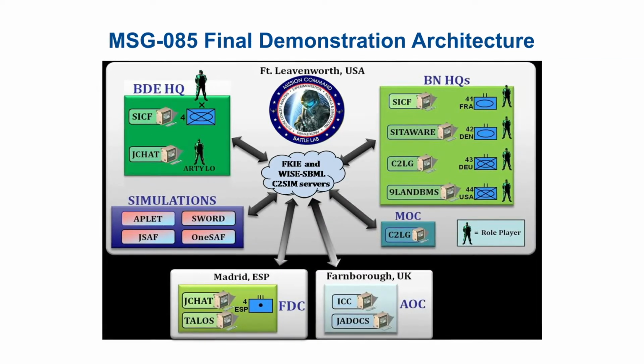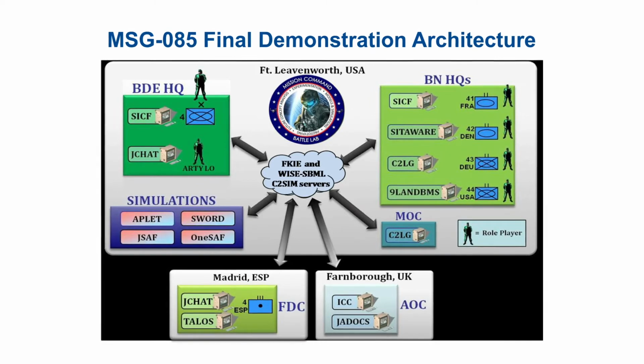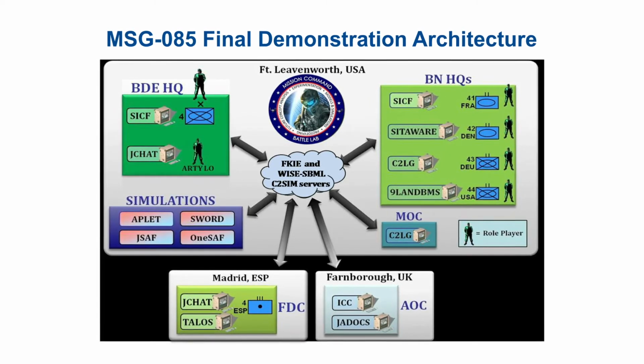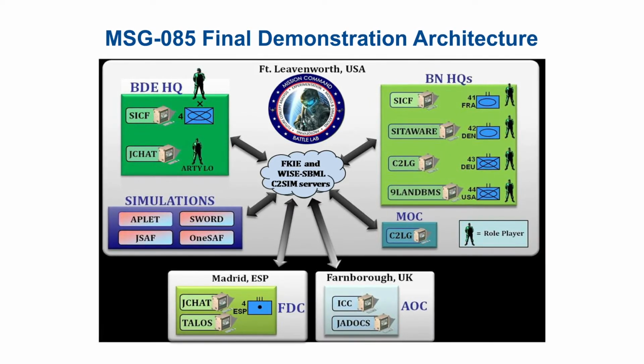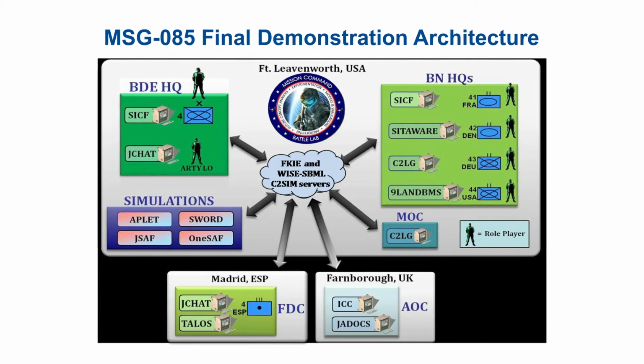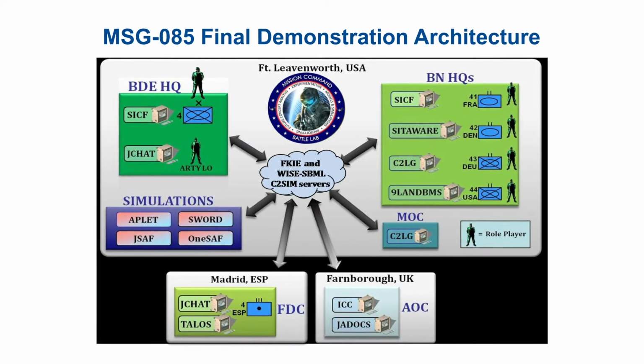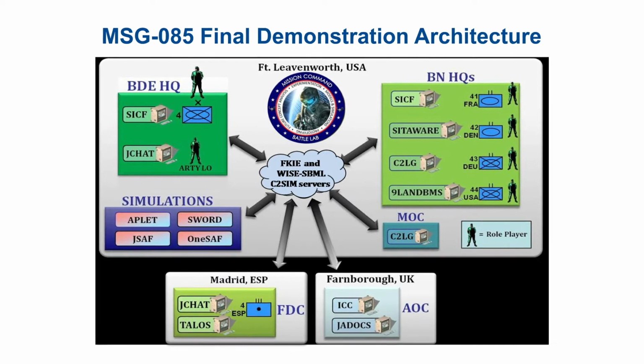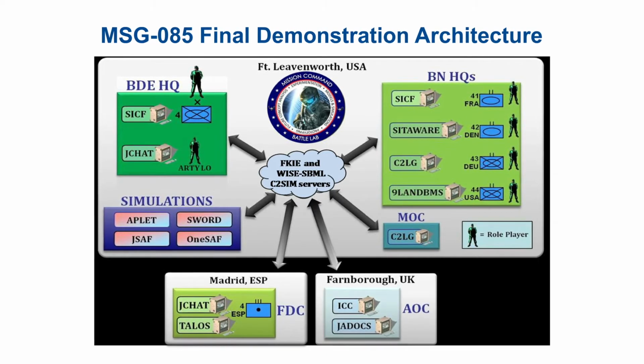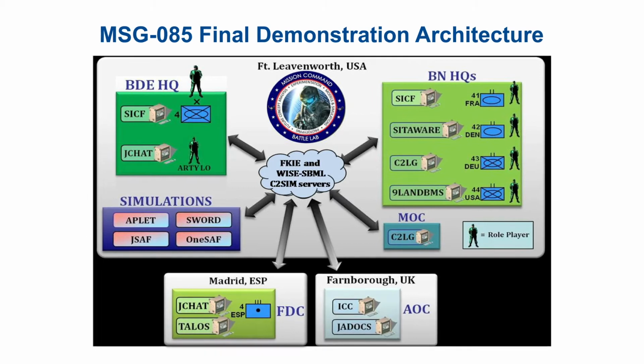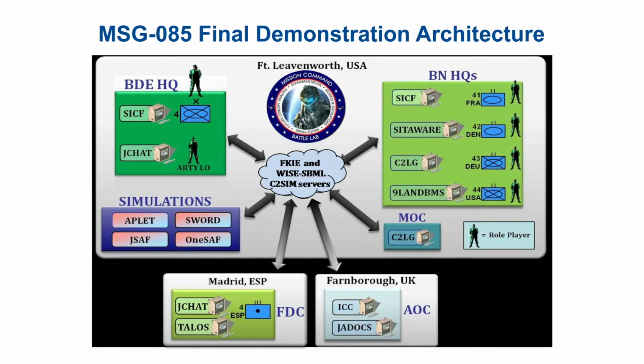The distributed mission planning exercise builds on a successful activity conducted in 2013 at Fort Leavenworth, Kansas. At the conclusion of the previous MSG phase, it demonstrated the military utility of C2 Sim. That activity interoperated 5 national C2 systems with 6 national simulations.